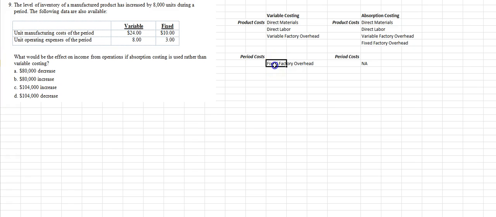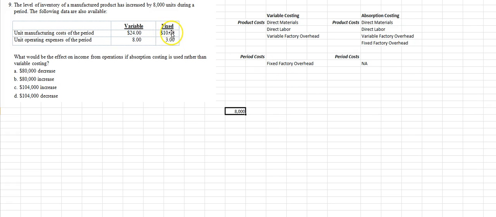It will be expensed entirely under variable costing. Okay? So it says the level of inventory of manufactured products increased by 8,000 units. So 8,000 units stayed in inventory, right?